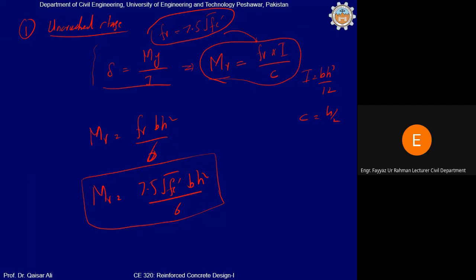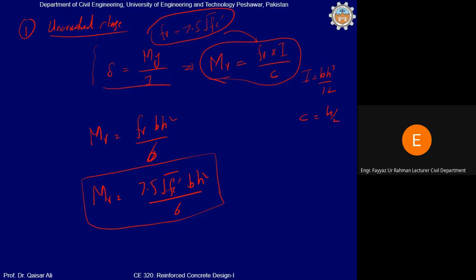After the appearance of the crack, the section will act in a composite way, such that the tensile stresses will be taken by the steel and the compressive stresses will be taken by the concrete. Since the section is a composite section, not a homogeneous section, and there will be cracks in the bottom, it will be in the inelastic stage. Therefore, for the other stages, you cannot apply this equation to calculate the flexure capacity of the section.